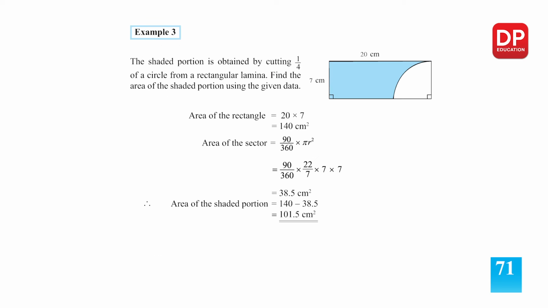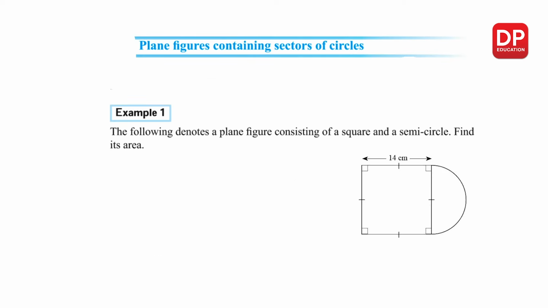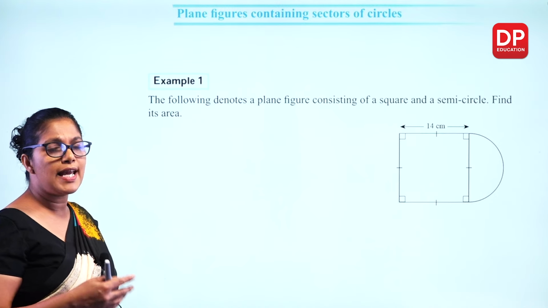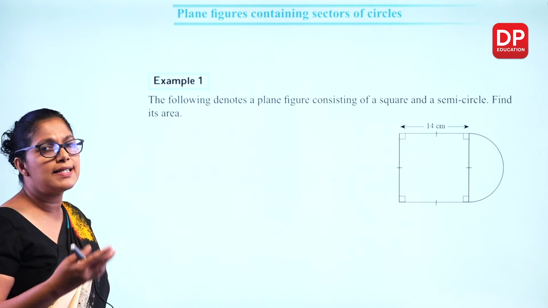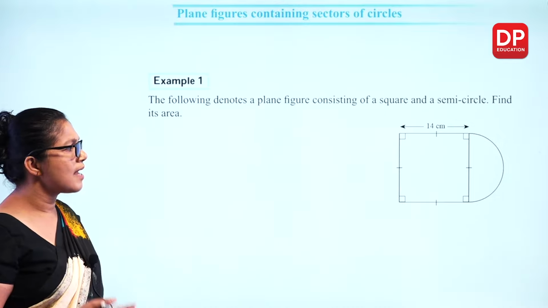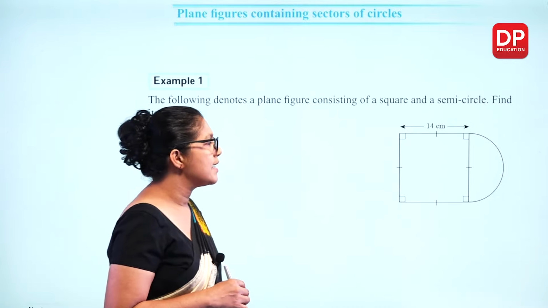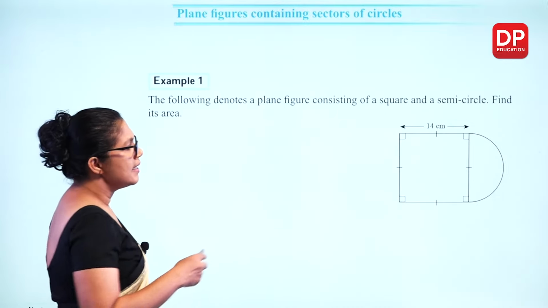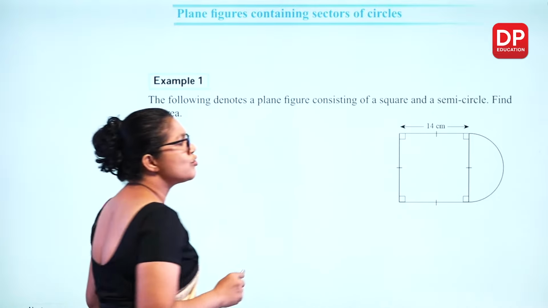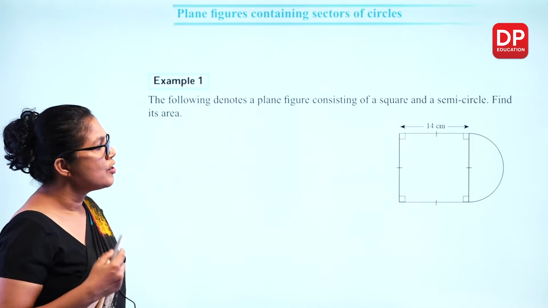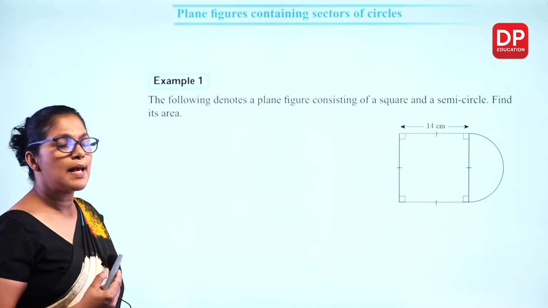Now we'll look at compound figures. So far we discussed separate figures, finding the area of separate figures: rectangles, circles, sectors. Now compound figures. In this example, what are the two shapes you got? You got a square and a semicircle.